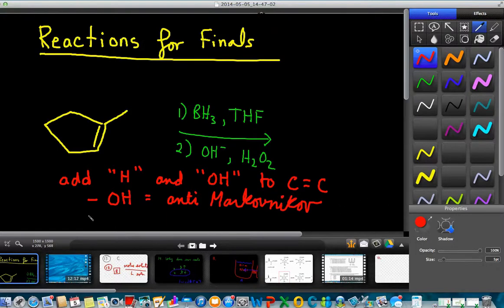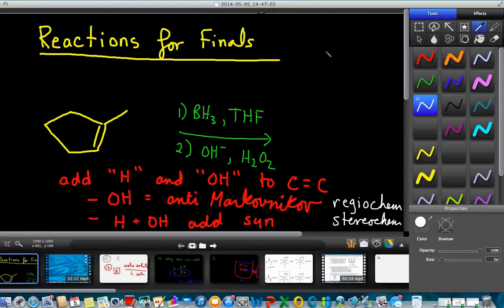Anti-Markovnikov. The H and the OH add syn. That means on the same side. This first part is called regiochemistry. And the second part is called stereochemistry.